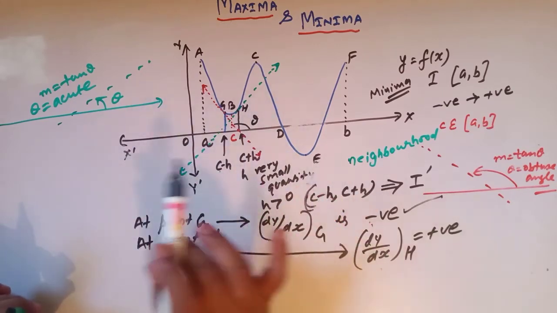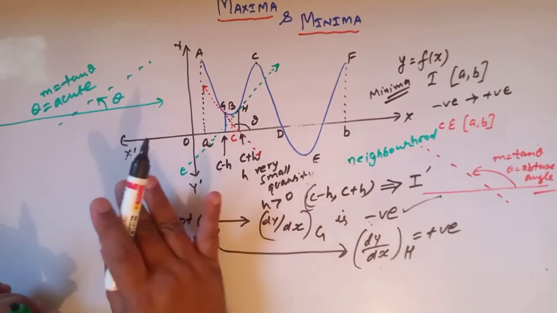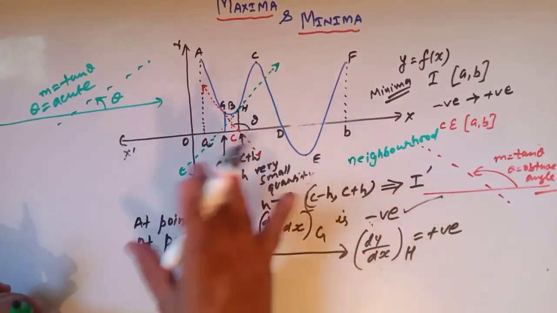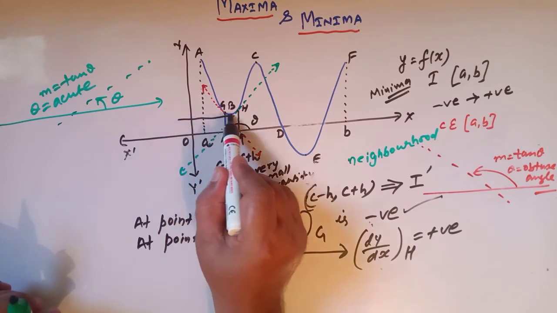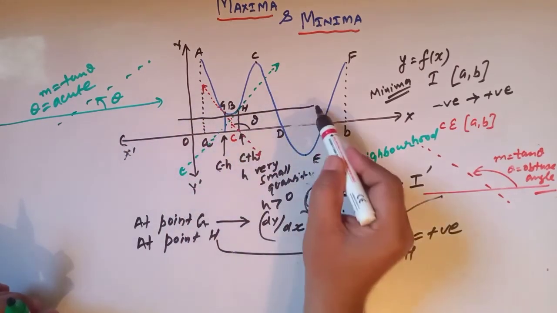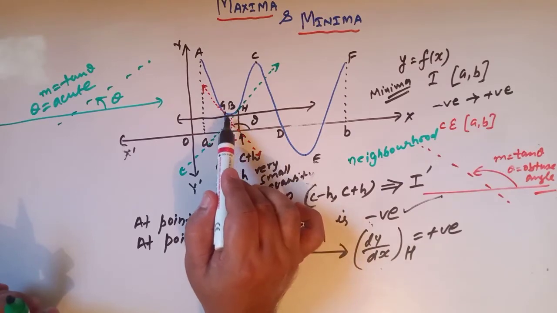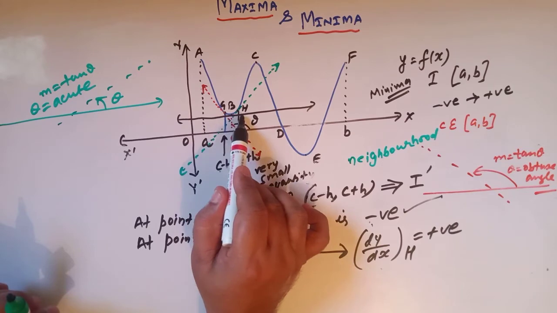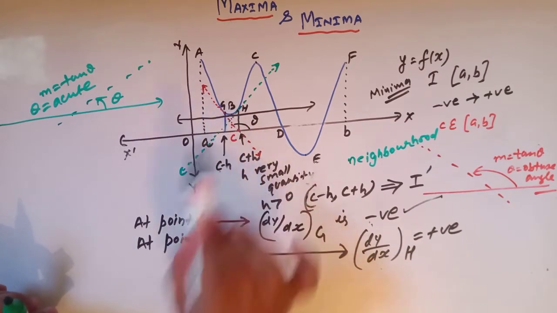Here the tangent is parallel to the x-axis, as we have discussed while defining the turning point. So here the tangent is drawn like this. See, this is the tangent. Now we take a point immediately to the left and to the right of this point B. Now we draw two tangents.